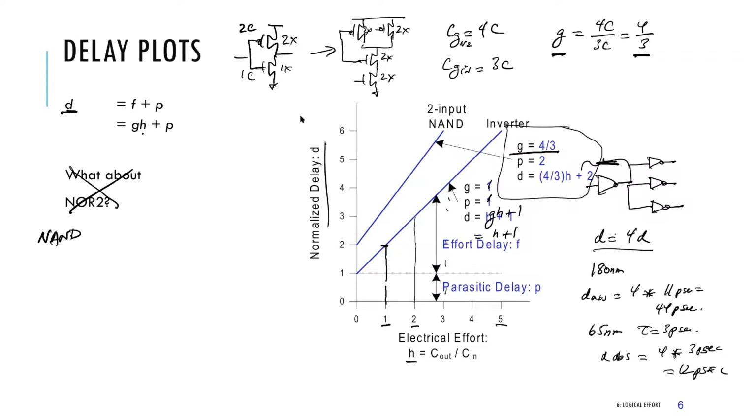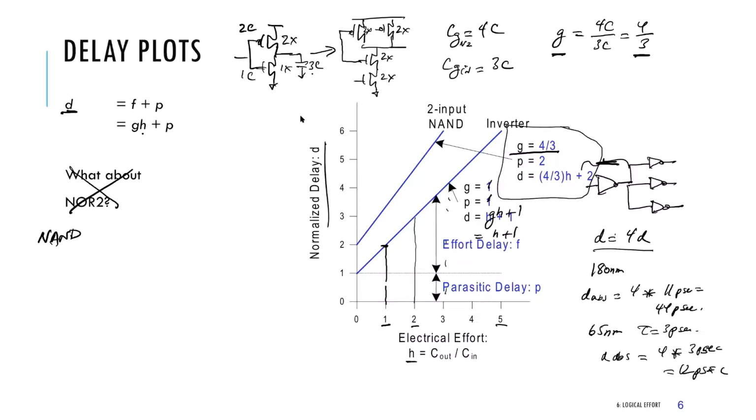And then P is the same story. We're looking for the parasitic delay. We look at the output: for the inverter you had 2C of capacitance for the PMOS and 1C for the NMOS, so 3C on the output.